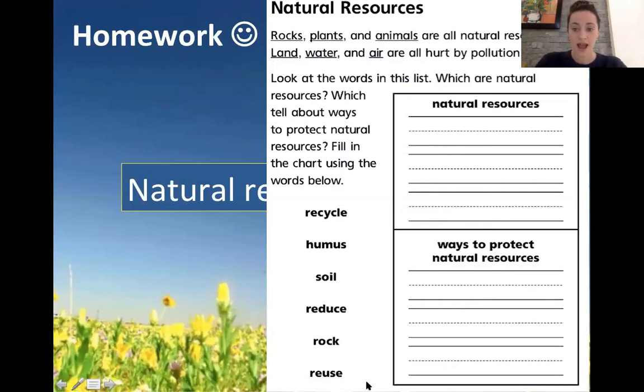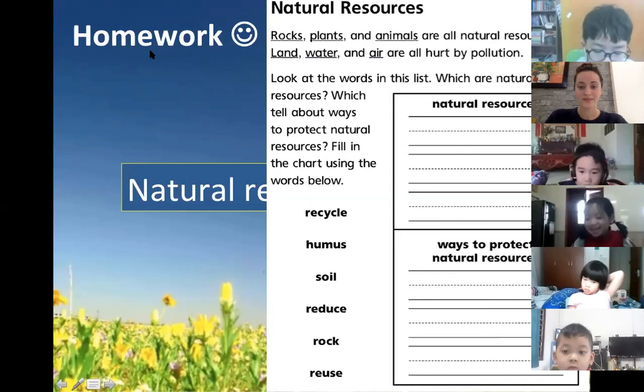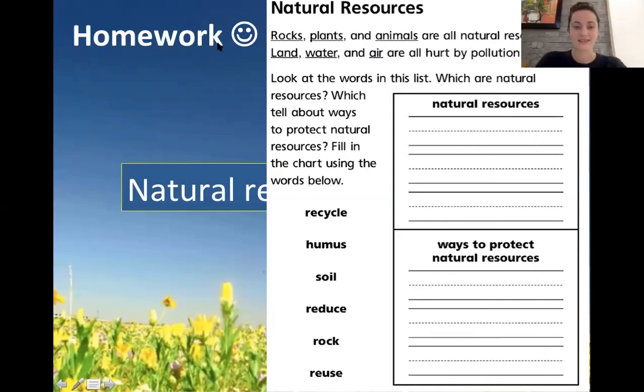So 3 of these are natural resources, and you write them here. 3 of them are a way to protect natural resources, and you write them down here. Okay? Any questions about homework? All right. Very good. So you can just write the 3 words under natural resources and ways to protect natural resources on another piece of paper if you have to, okay? If you can't print.